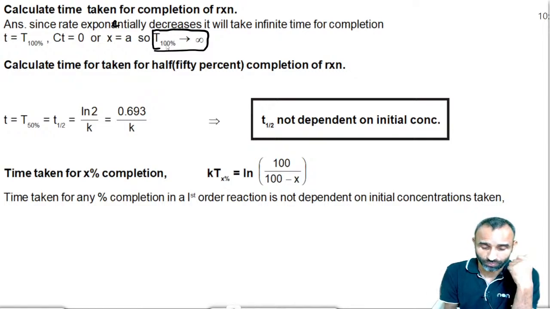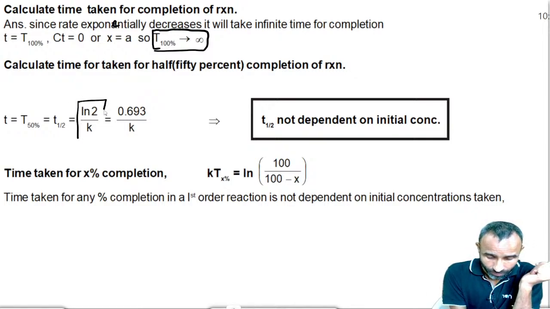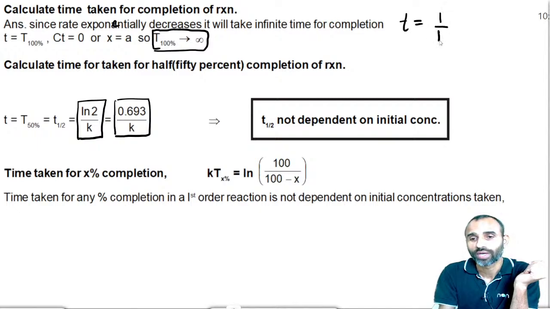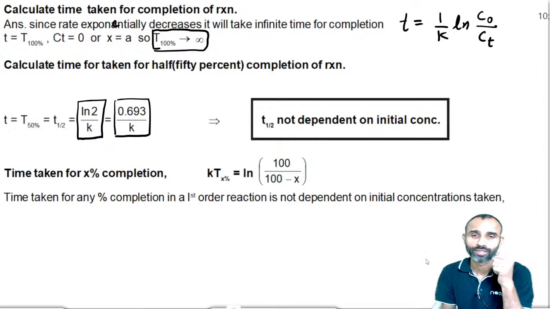And for 50%, that is natural log of 2 by k, 0.693 upon k, because time equal to 1 upon k natural log of C naught by Ct.